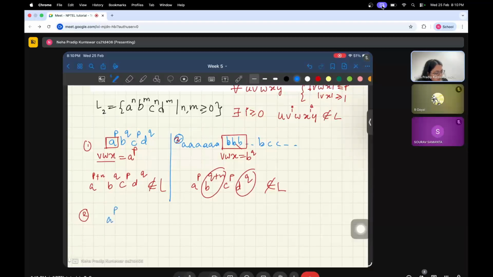A to the P, B to the Q, C to the P, and VWX is some A to the P prime and B to the Q prime.